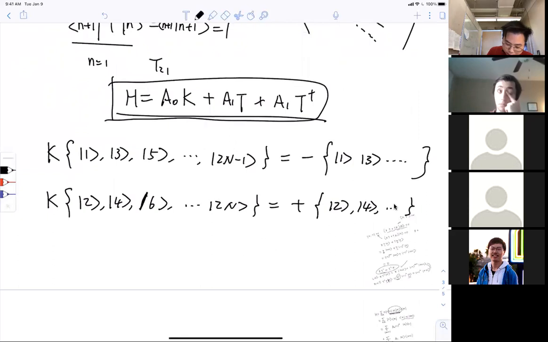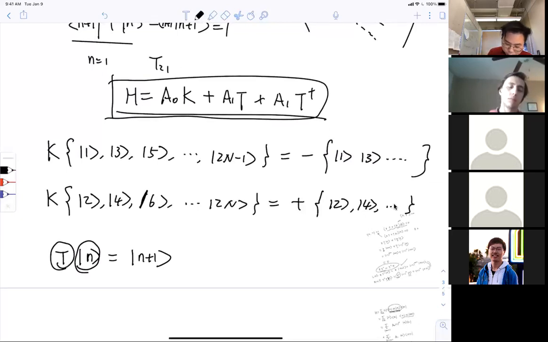So now, of course, we know t acting on any set k, set n, will give us n plus 1, meaning that this cat n is not the eigencat of the t operator, and of course also not of the t squared operator.